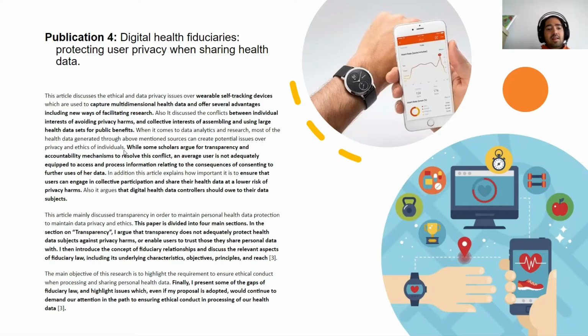So here this article and the scholars argue for privacy and accountability mechanisms to resolve these conflicts, and they argue for transparency about where the data comes from, how it is stored, what the security measures are, and what will happen if a data breach happens. So that kind of thing they analyze here.